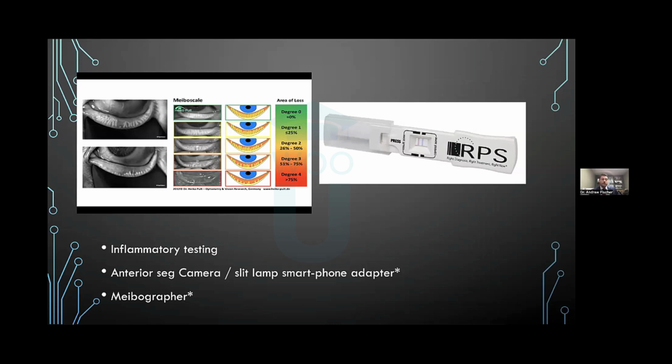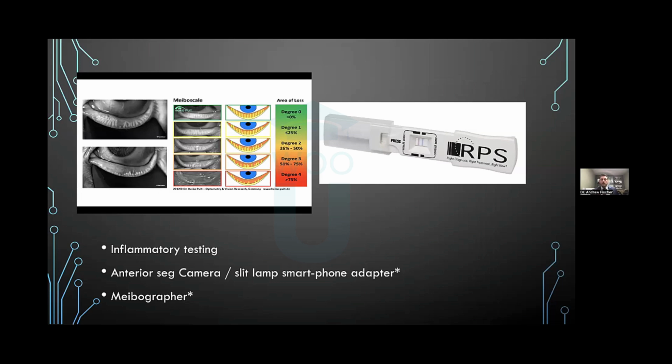I also like to have a way to visually image the meibomian glands using a meibographer. There are apps that you can get if you have a phone that has an infrared setting. You can also use your phone in some cases to be able to image the meibomian glands. In my other office, not in my dry eye clinic, I don't have a true meibographer, but I have an anterior seg camera that does have infrared.